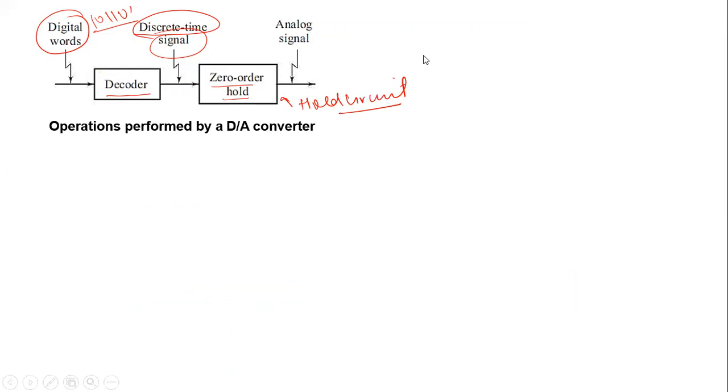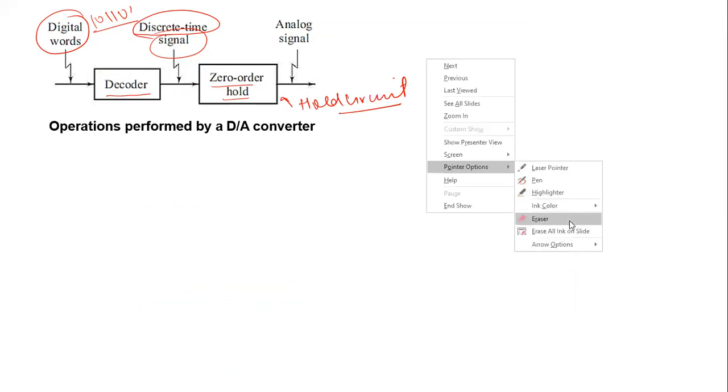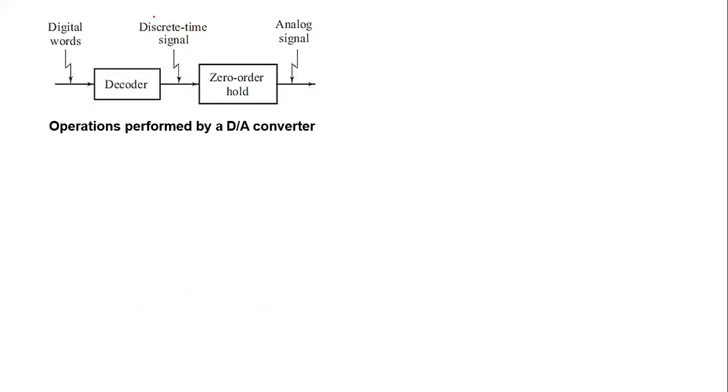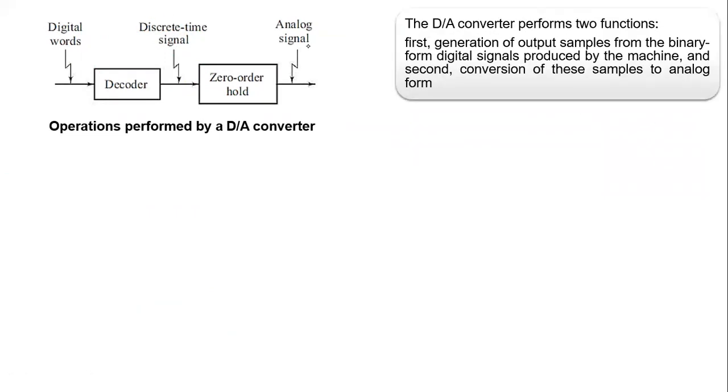This hold circuit is used to convert the discrete time signals to analog signals. So a D2A converter performs two functions basically. The first is it converts the binary representation to the discrete time representation. Then it converts those discrete time samples to the analog form.